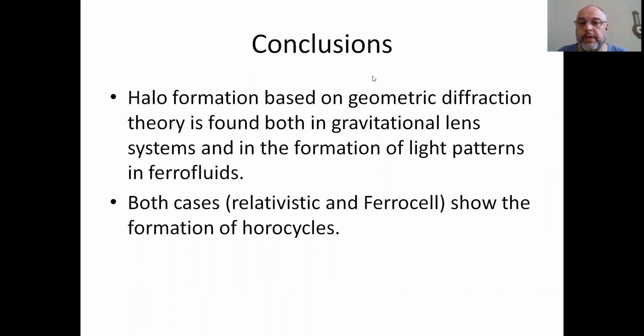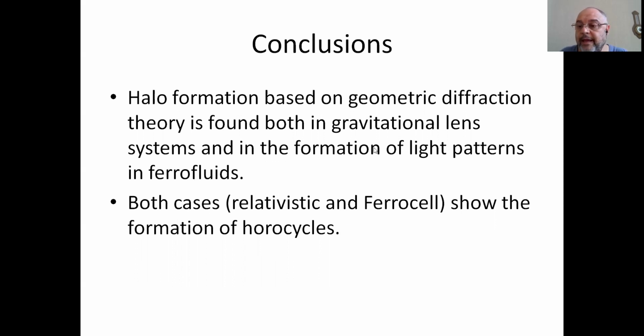Well, at this point, we present our conclusions: that halo formation based on geometric theory of diffraction is found both in gravitational lens systems and in the formation of light patterns in ferrofluids. Both cases, relativistic and ferrocell, show the formation of horocycles.